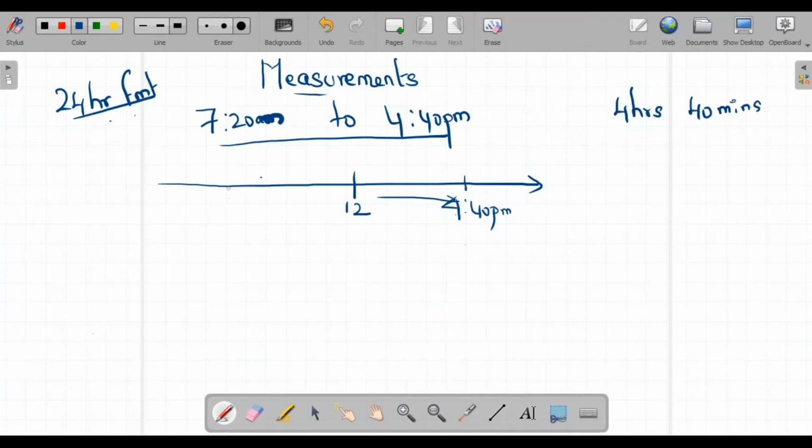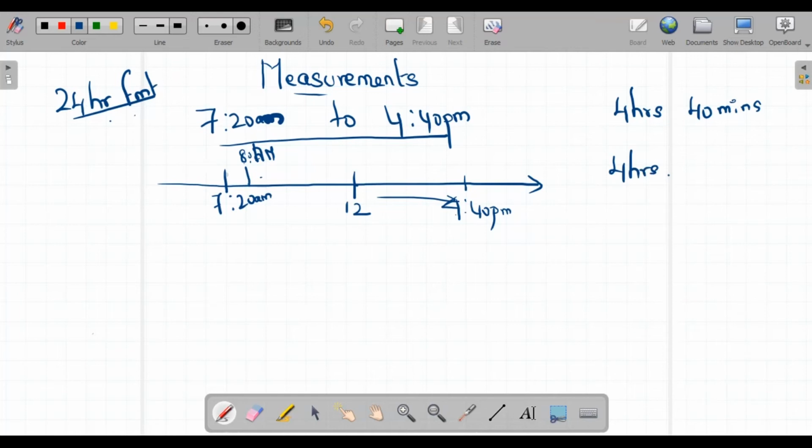Now I need to find out the time taken between 7:20 a.m. to 12 noon. So first, the next immediate number after 7:20 is 8:00 or 8 a.m. Now let us find out the time taken from 8 a.m. to 12 p.m., which is 4 hours.